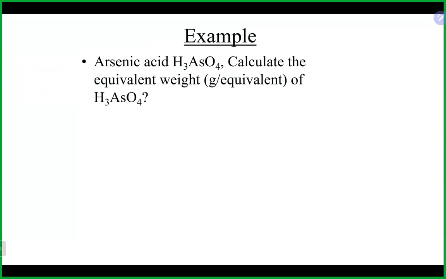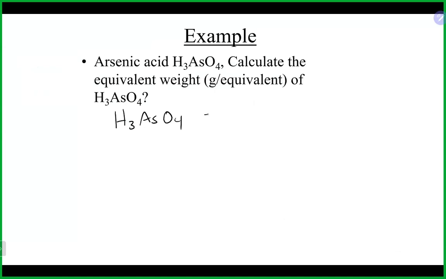So let's take a look at this arsenic acid, H3AsO4. We want to calculate the equivalent weight in grams per equivalent of it. So really the first thing that we would want to do in this situation is figure out the molar mass, is probably a good thing. So let's go through the molar mass here.